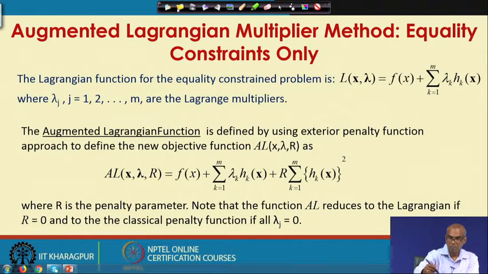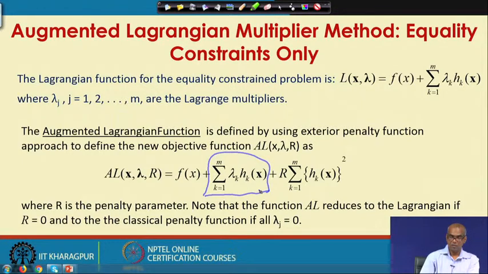Similarly, if all the Lagrange multipliers lambda 1, lambda 2 up to lambda m are 0, then this part vanishes and what remains is nothing but the classical penalty function that we have seen in our previous class.